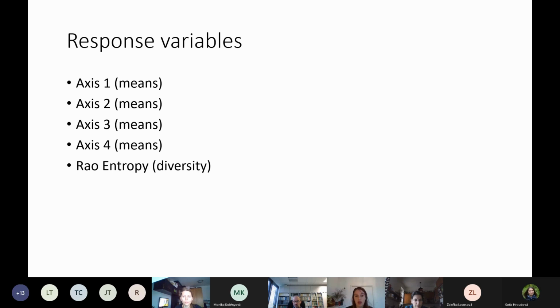So we have 5 response variables. Here I also included a measurement of functional diversity, that's Rao's entropy. The Rao is calculated for the 4 axes, and the higher the number, the higher the functional diversity.